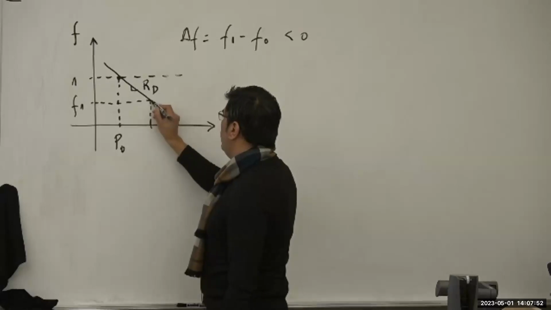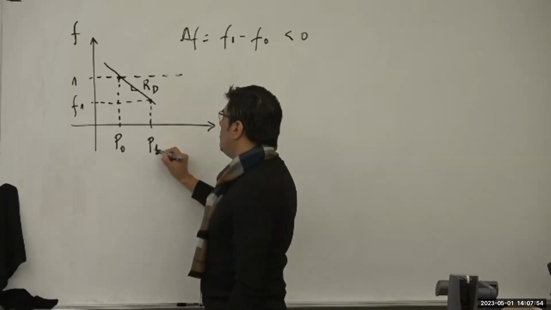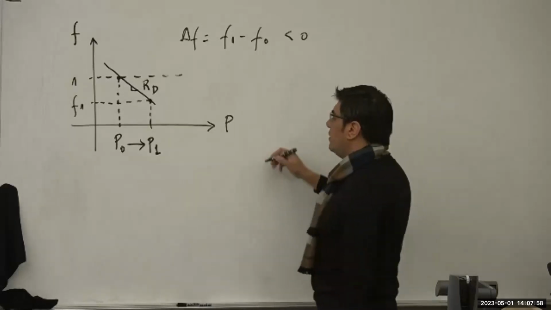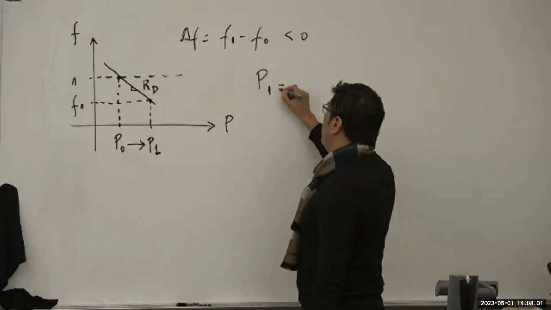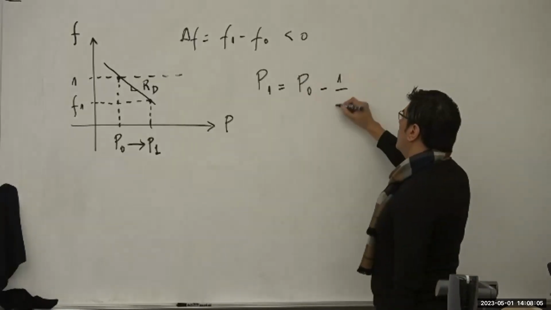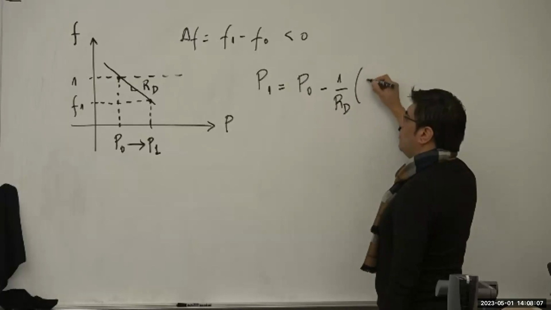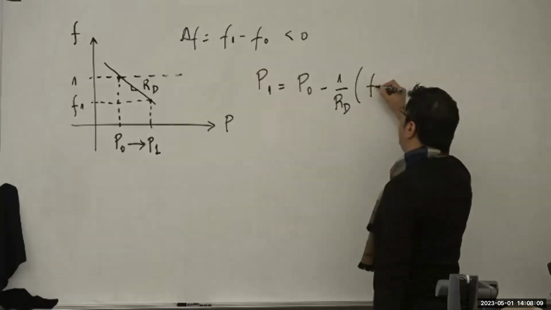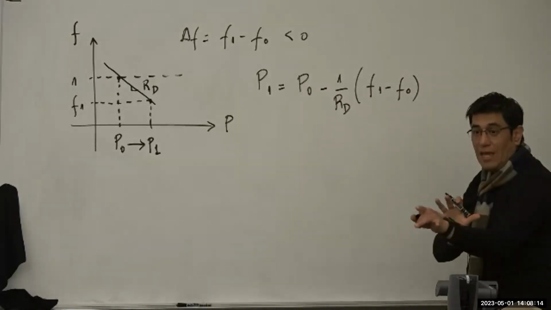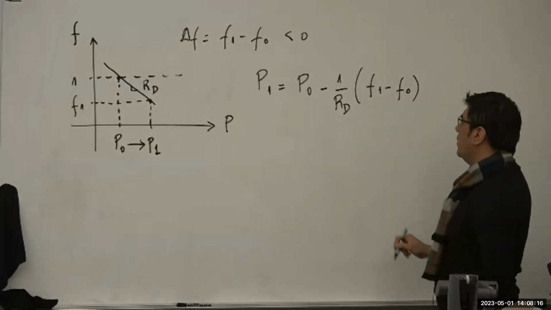What we want to have is an increase in the power from P0 to P1. So the characteristic that we got is P1 needs to be equal to P0 minus 1 over RD multiplied by delta F, which is going to be F1 minus F0. That's the droop characteristic, okay?